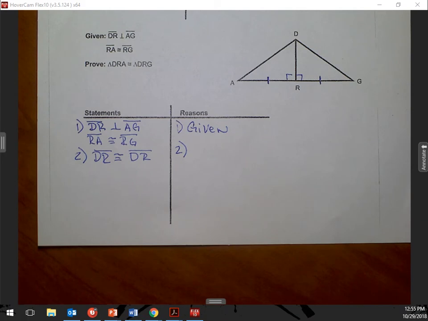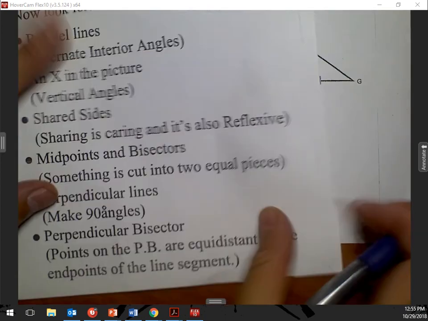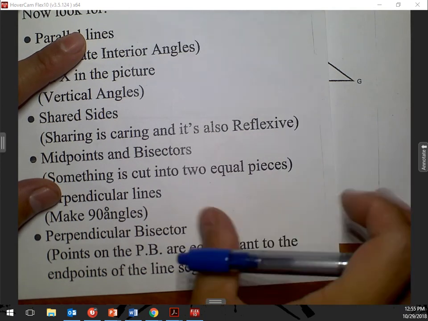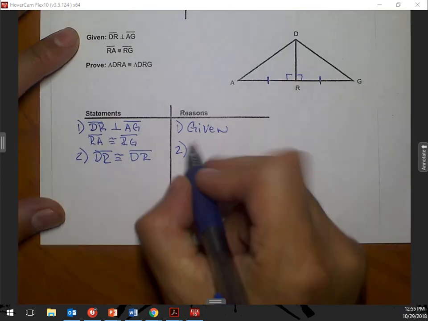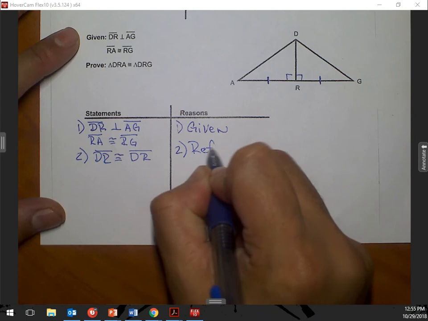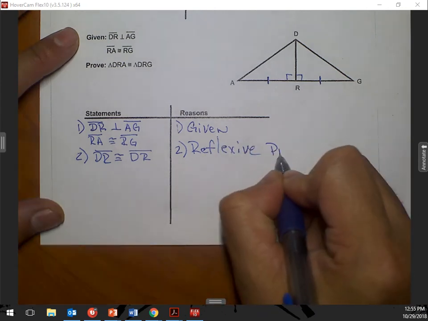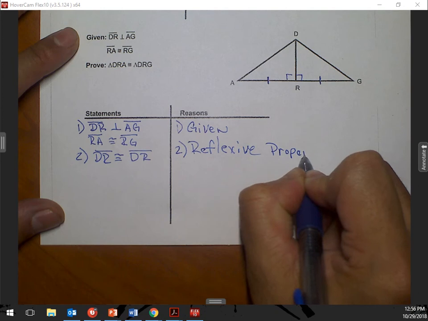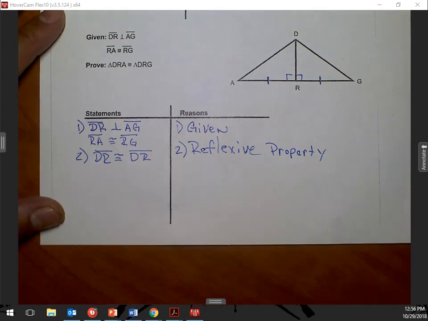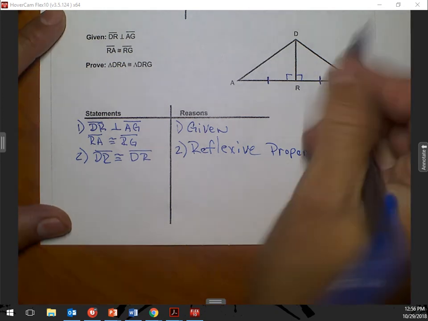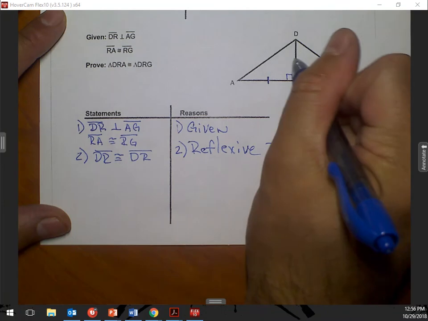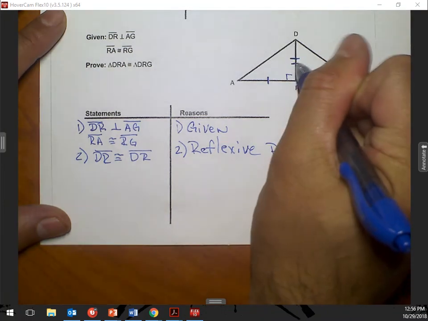It is the reflexive property. It's right here if you don't know how to spell it, because I don't, so that's why I'm writing it. Reflexive property. So now watch. DR is congruent to DR, so I'm going to put 2 tick marks here.